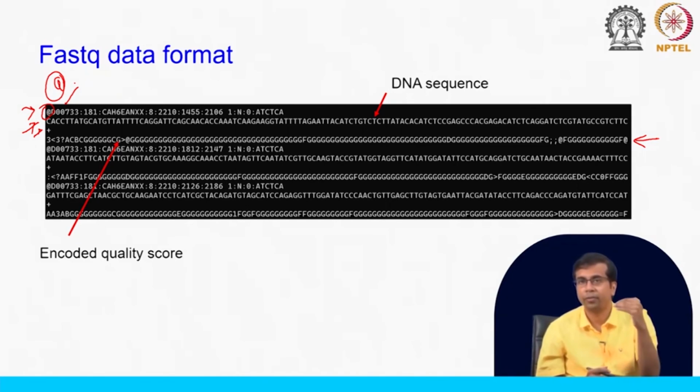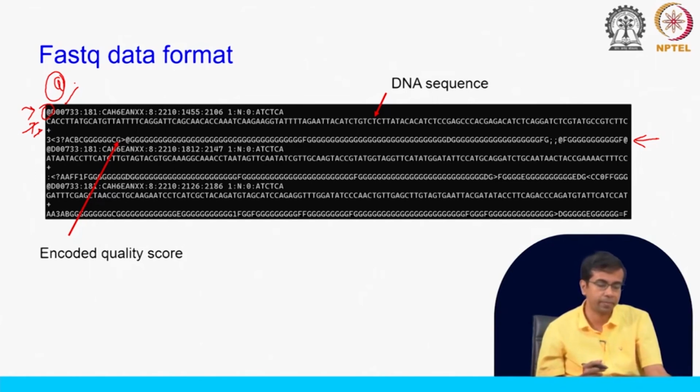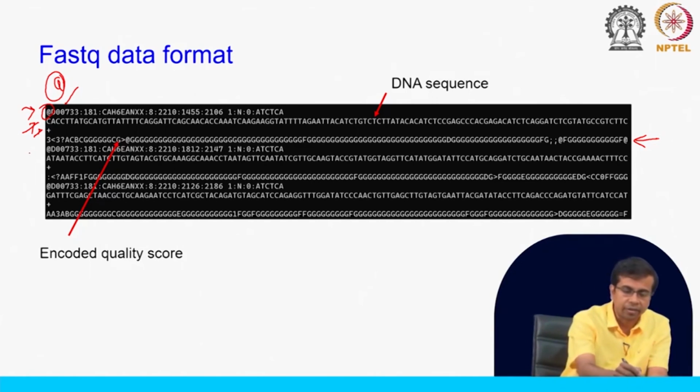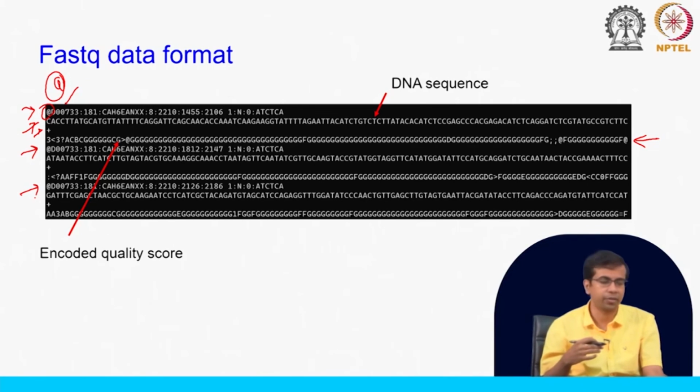And if you are writing a program yourself, you can go through this very quickly, and also the data is stored in a very efficient manner because it is not taking too much space. And this kind of repeats. You have this one, then you have this next read, and for each read you have the sequence information and the quality score. Okay.